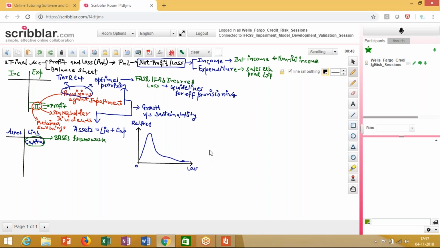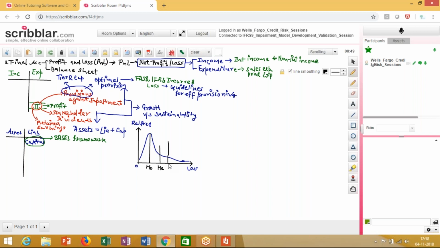This is a right-skewed distribution. Here is the mode of the distribution, somewhere here is the median, and this is somewhere the mean of the distribution.